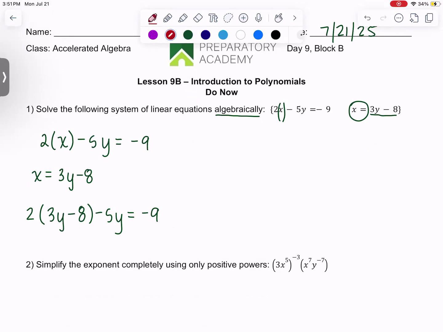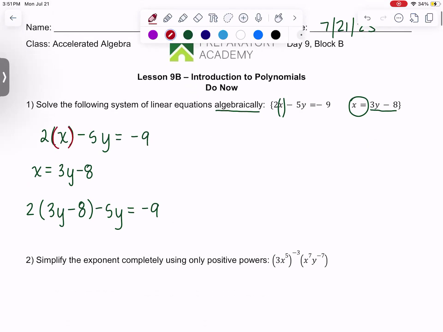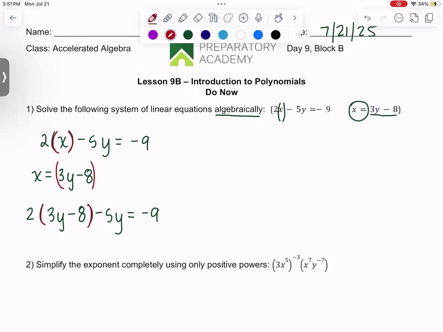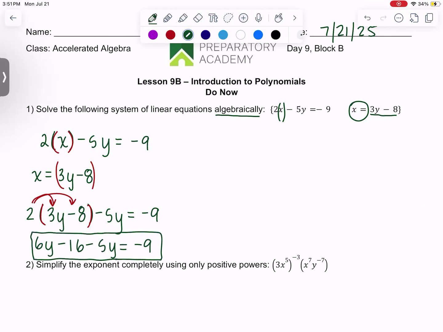Here, instead of x, we put what x equals into the parentheses instead of using the variable x. We know that x equals 3y minus 8. So we distribute the 2 and we create one equation with just one variable. We turned our system into an equation with just one variable, so we can solve it.